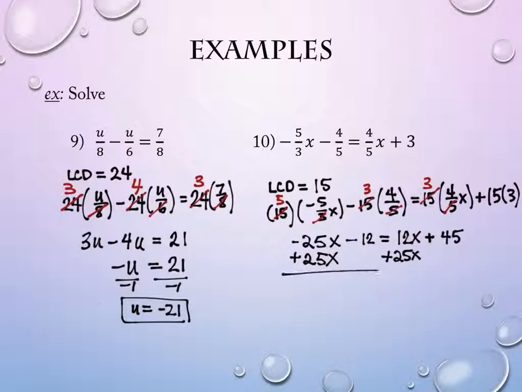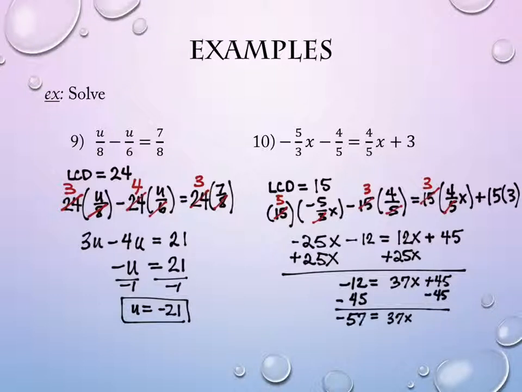It would be 37x. So I have negative 12 equals 37x plus 45. Now what? Yeah, subtract the 45. So I have, okay, what was it, negative 57 you guys said?